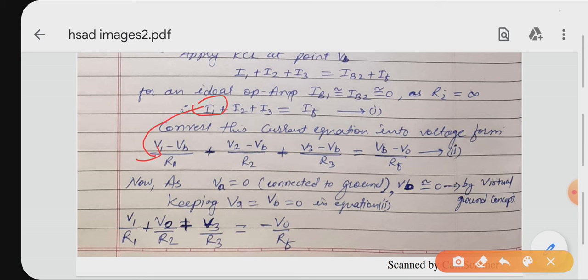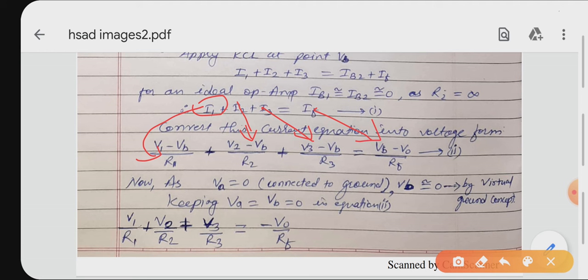Similarly, for I2 you can write (V2 minus VB) divided by R2, because I2 flows through R2 from V2 to VB. Similarly, for I3 you can write (V3 minus VB) divided by R3, and for IF you can write (VB minus VO) divided by RF.